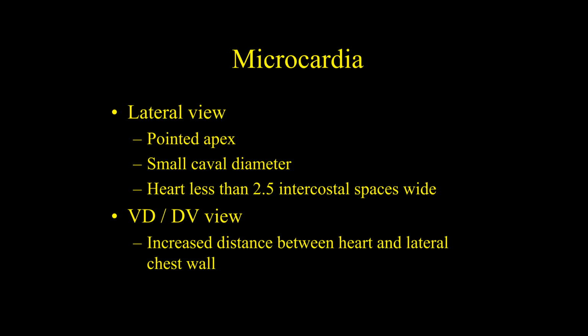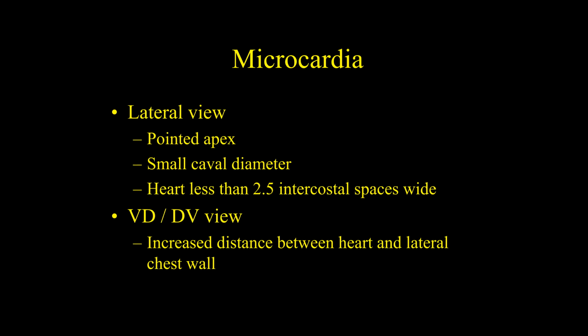Okay, what are some doctorly terms, some medical terms that we need to worry about? The word for a small heart is called microcardia. And what do you see on the lateral view? Basically, it's pretty subjective. On the lateral or VD view, the heart just looks small. Sometimes the apex of the heart will become more pointy.